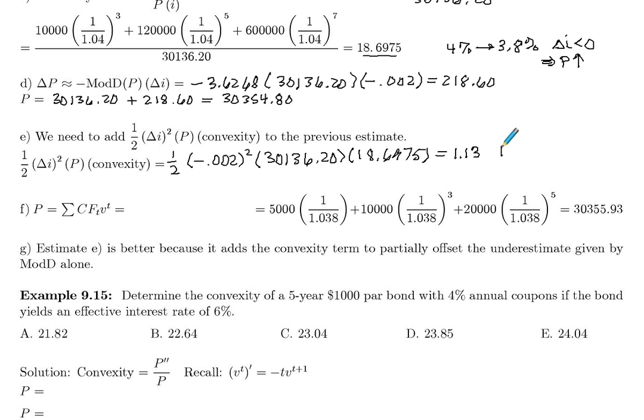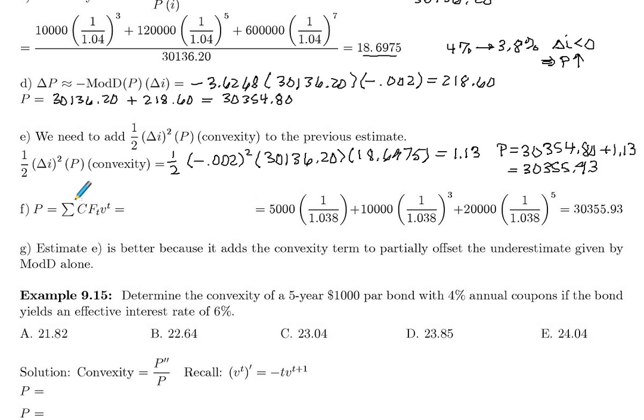So our new price is going to be the previous estimate, 33.54.80, plus the $1.13. So then our new price is going to be $33.55.93, just adding on that $1.13.